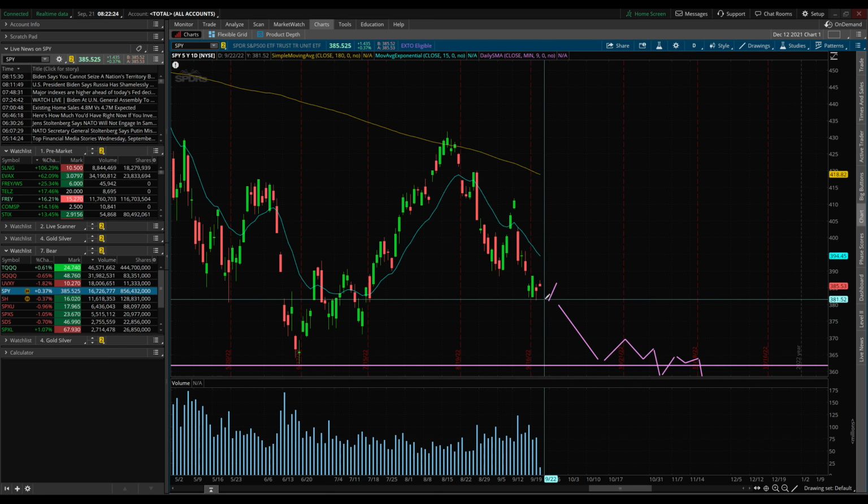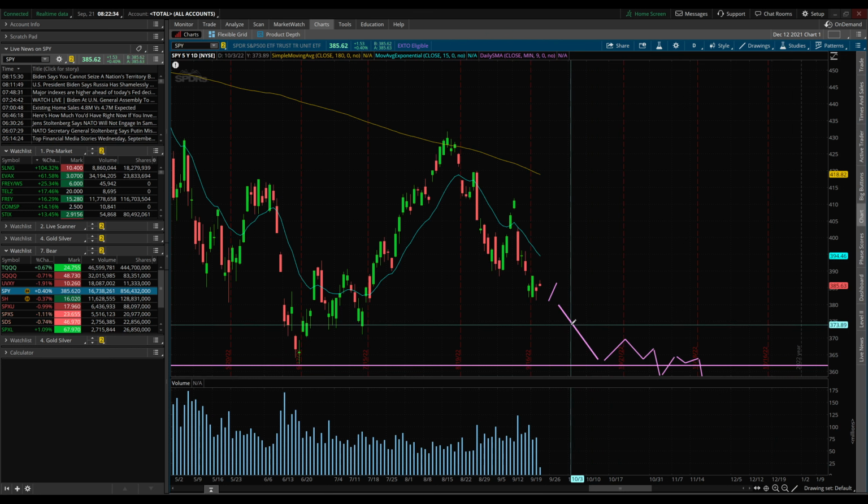So I guess one square is 1 week. So I would guess 2 weeks, so early October, the market might be approximately 370. Who knows? That's just my prediction. I could be wrong.